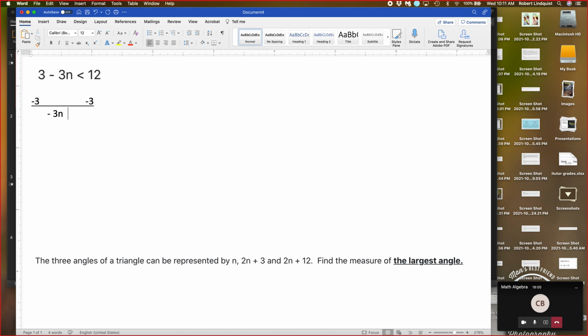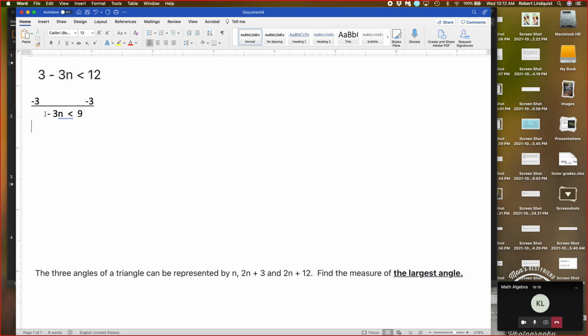And then it's going to be less than 12. So that's the key first mistake: people will forget the negative sign and they'll just put 3n less than 9, not 12. I'm sorry? Oh, you're right. Thank you. 9. Good.